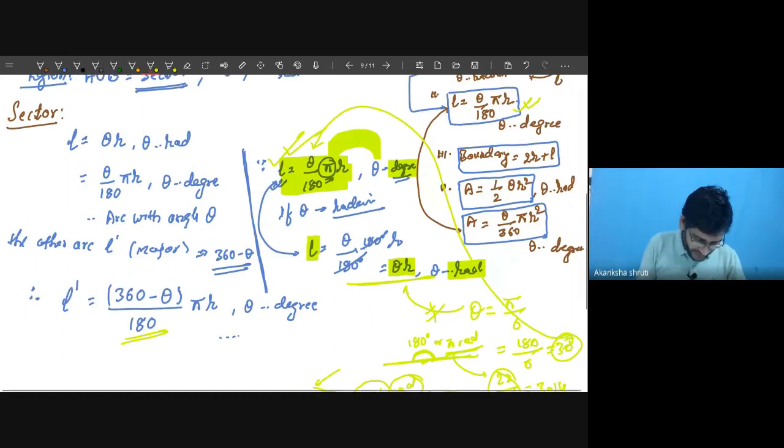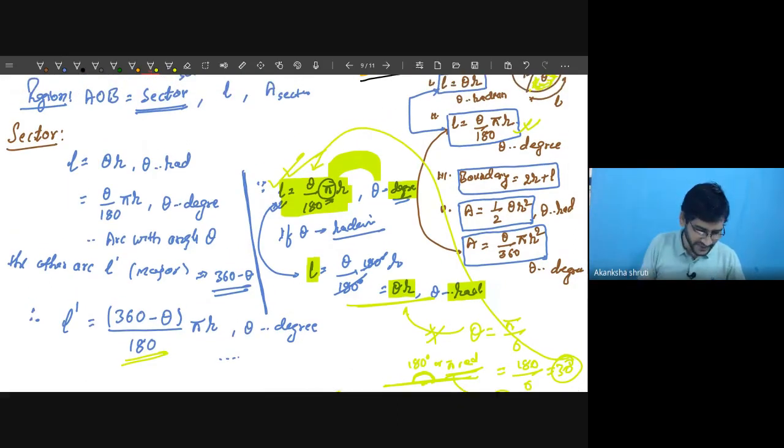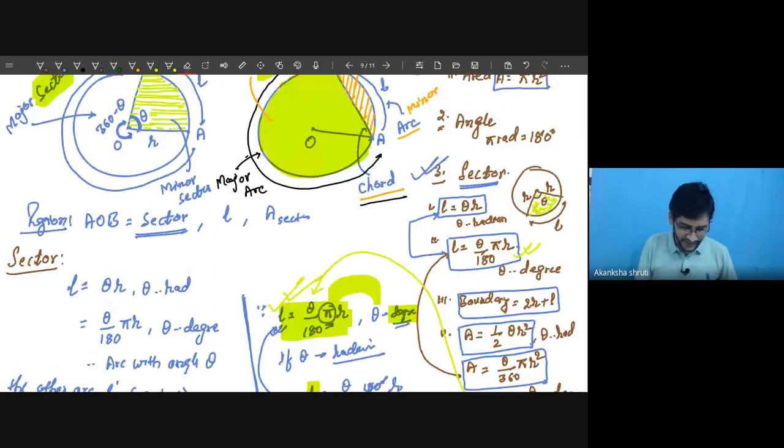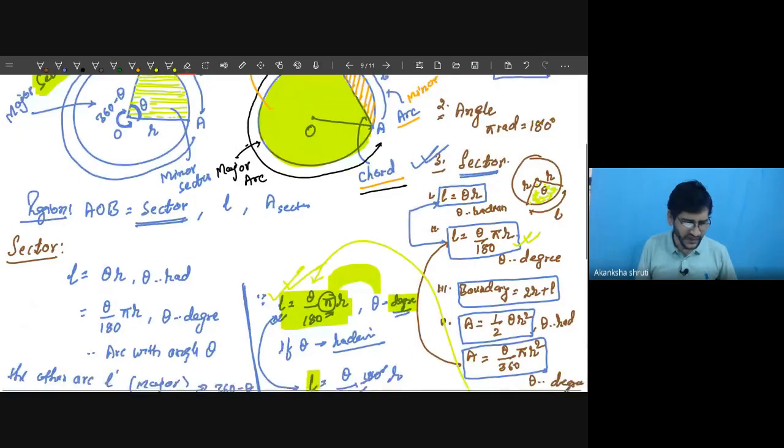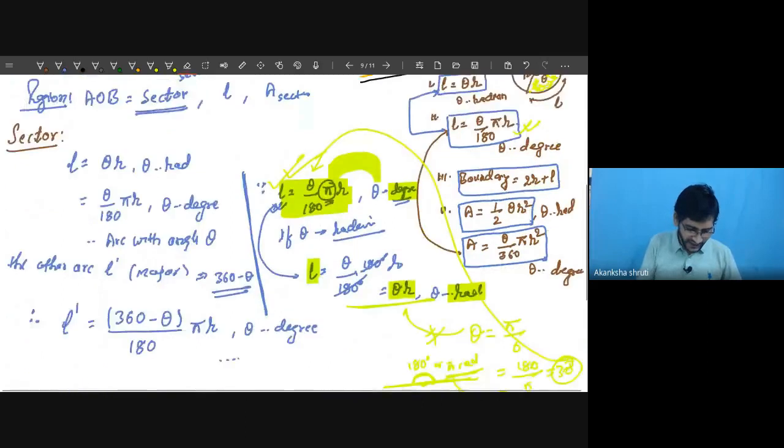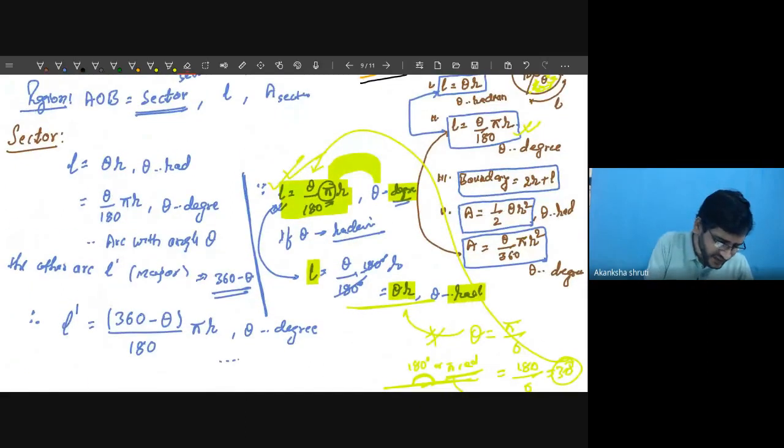Okay, students. I was explaining the important concept that for a sector you will have two kinds of angle. One is theta, another is 360 minus theta. Even if your figure is like this, say the angle is like this, start from A and you have come back to B. The B is here.